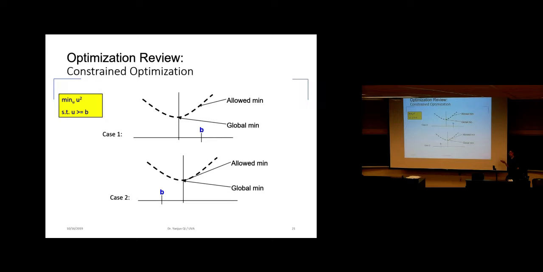And what is the constraint? There is only one constraint in this case: I want the final solution u to be larger than or equal to b, and b is a given scalar. In fact, this solution depends on b. So let's see, u quadratic is the simplest function to optimize, right?